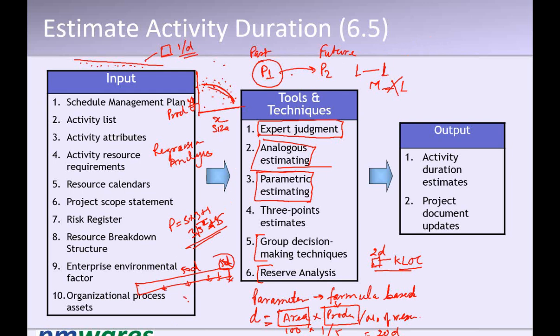The total comes out to be 50 days. Then you take the buffer of this, 10% of this, 5 days. The total duration becomes 55 days. So you announce to the customer 55 days, not 50 days. But okay, that is understood.